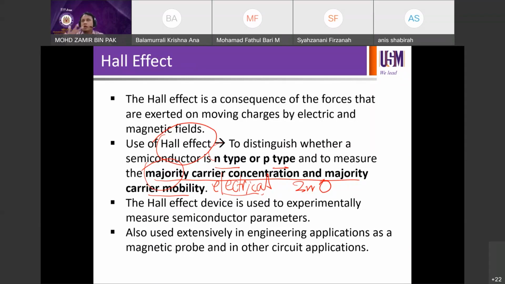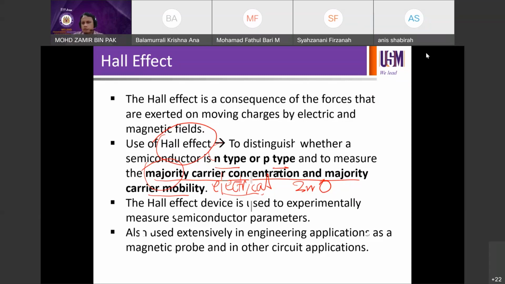So these are all different characterizations that we typically do on our semiconductor materials or devices in order to understand the behavior or the properties of the materials or the devices that you're working on, right? So Hall effect is also used extensively in engineering application as a magnetic probe or in other circuit applications, among other applications.